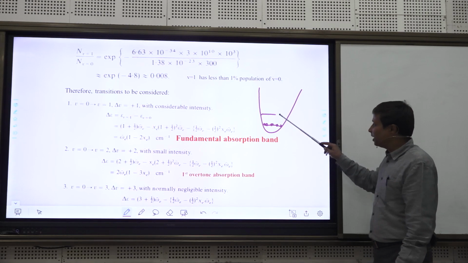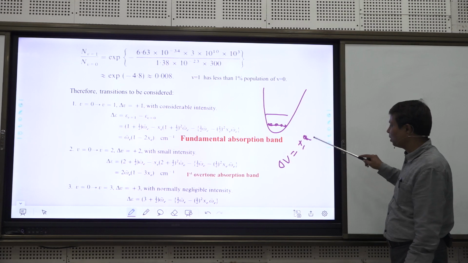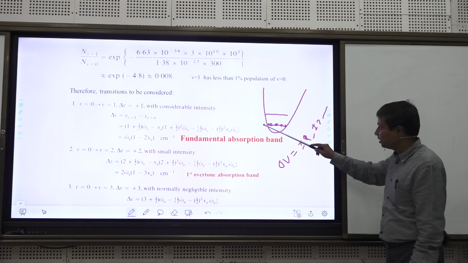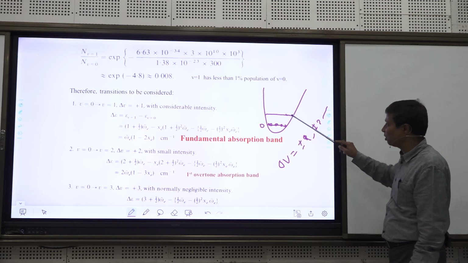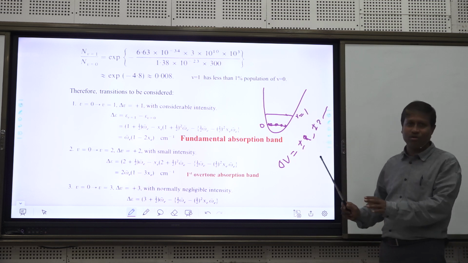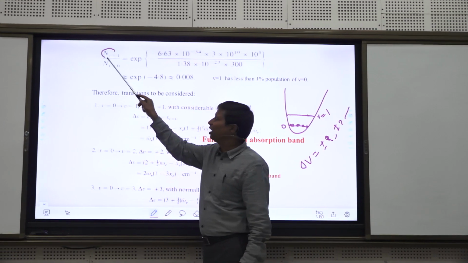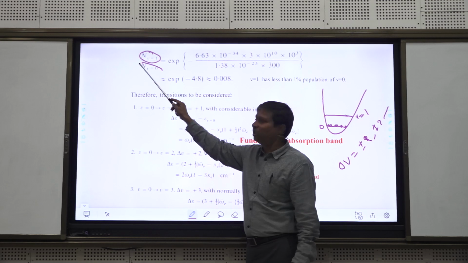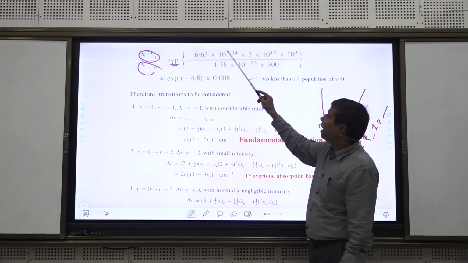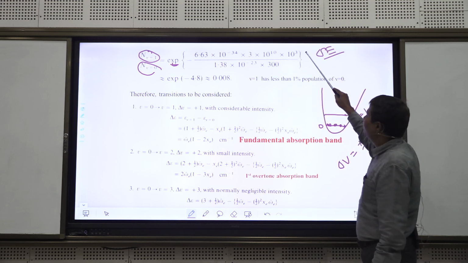So since now delta v is plus minus 1, plus minus 2 and everything, let us take v equal to 0 and see how much is the population at v equal to 1 compared to v equal to 0. For that, use the simple Boltzmann distribution. The population at v equal to 1 with respect to the population at v equal to 0 is exponential minus delta E over kT, where delta E is vibrational.